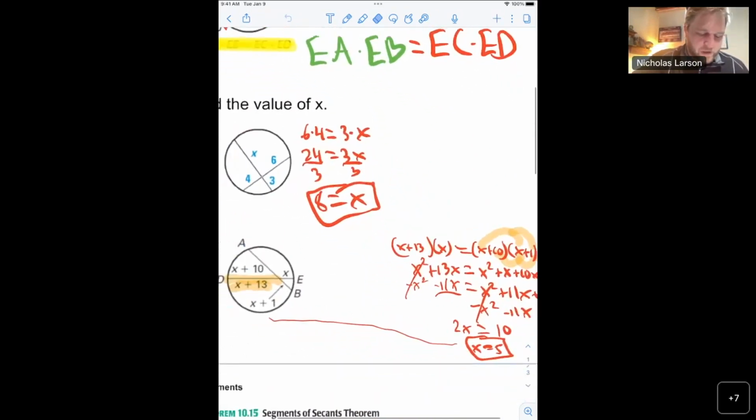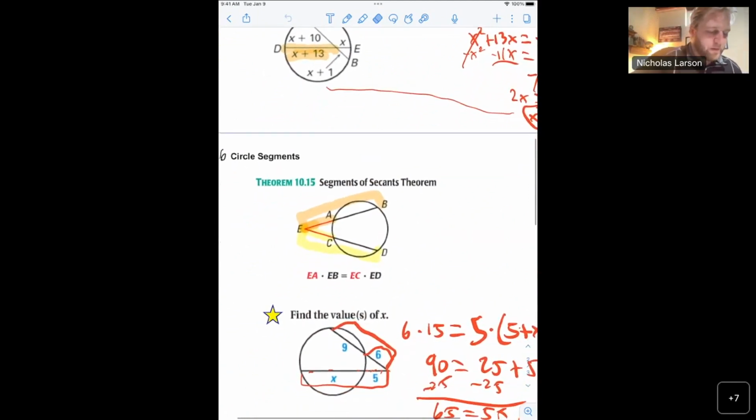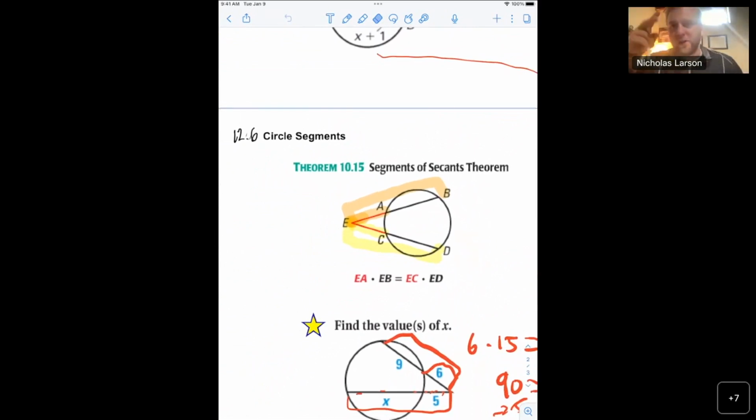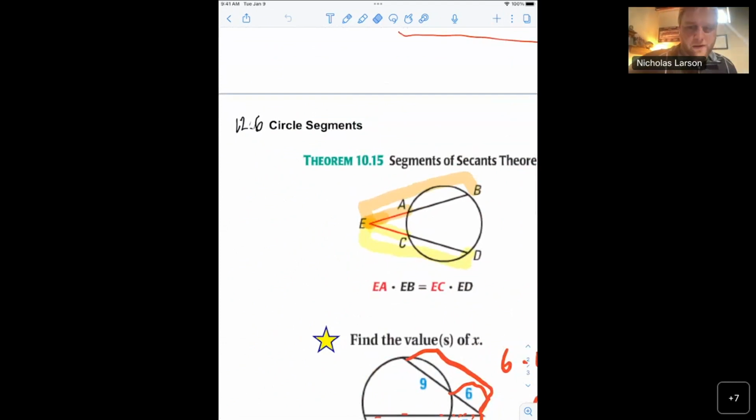Once you set it up, it just turns into a lot of algebra problems. It's kind of a similar idea. Again, just like we talked about last time, the two formulas are very similar. Kind of works the same here, where again, we're going to do basically that same idea, except this time our segments are going to be partly outside the circle.